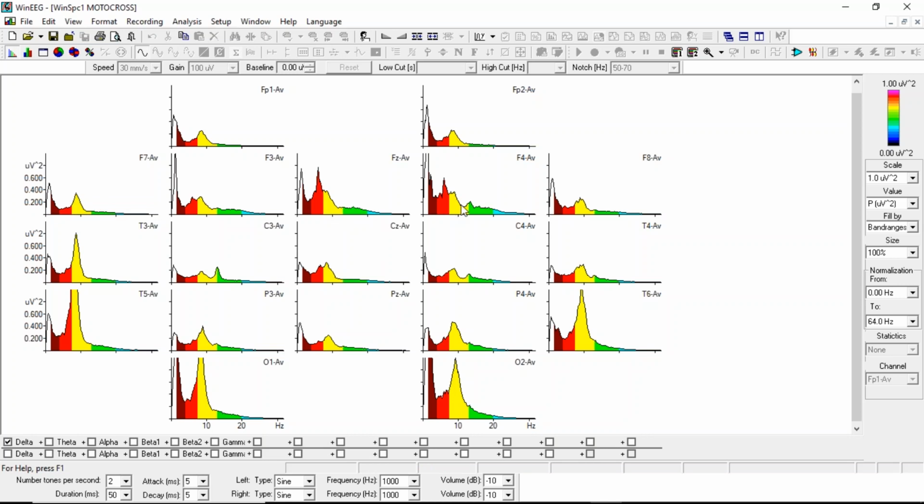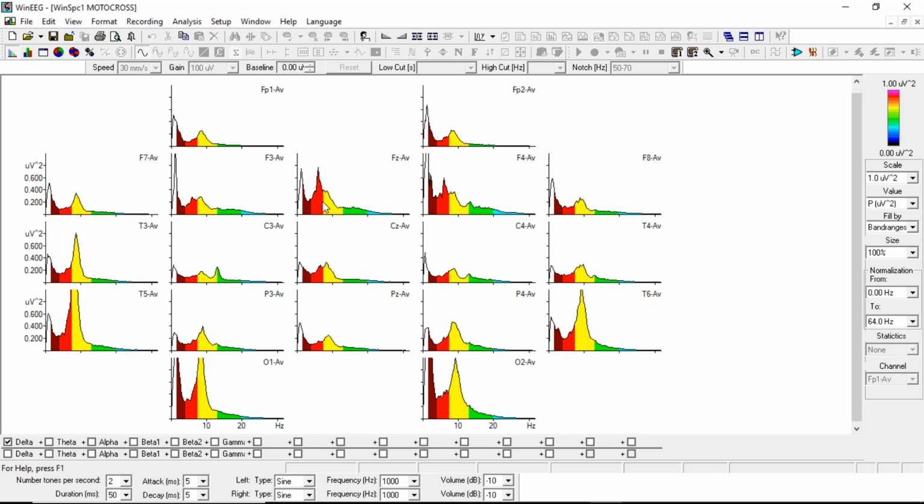Now we got FZ to F4, and we have the discharge, which is in the theta around 5, 6 hertz, with the alpha that goes along with that. And we have some high beta that goes along with that as well. So we have some beta spindles that we saw, frontocentral beta spindles, which are a marker for anxiety.